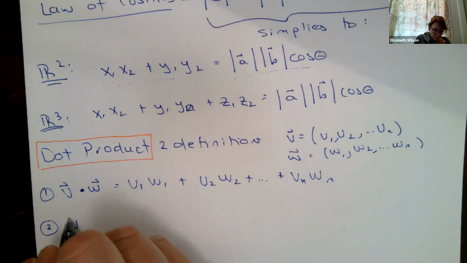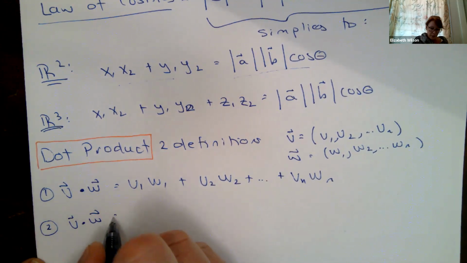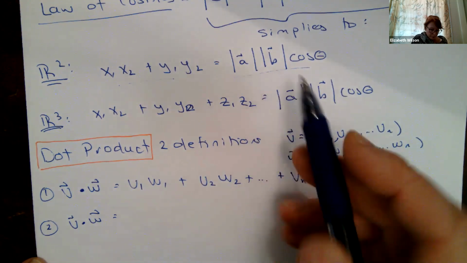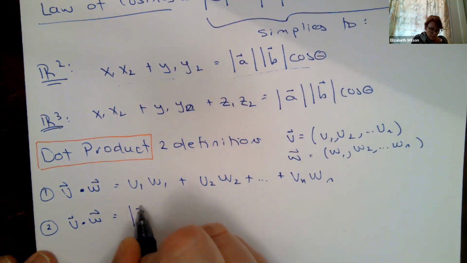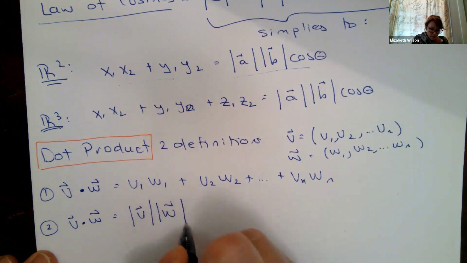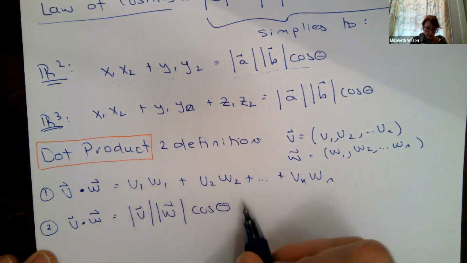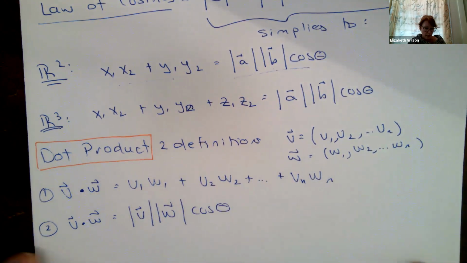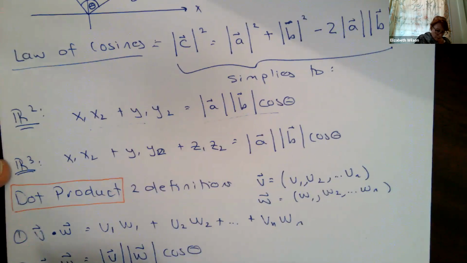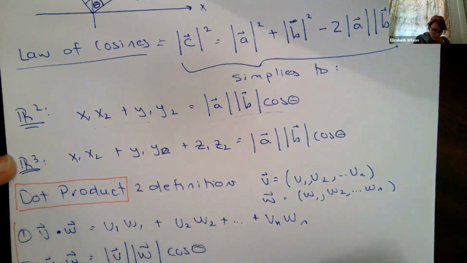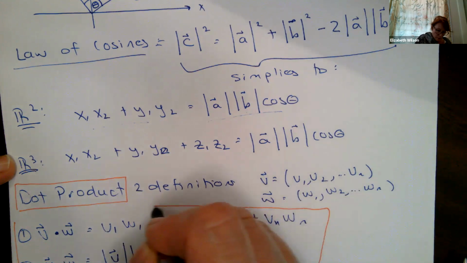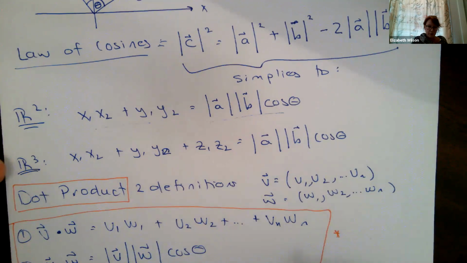The dot product is also equal to the magnitude of v times the magnitude of w times the cosine of theta. The cosine of theta is the angle between them. So both of these here are our definitions for the dot product.